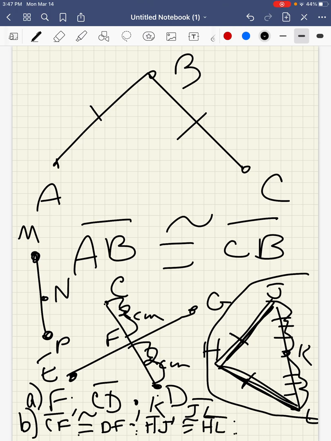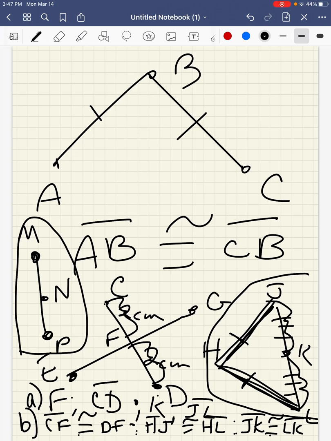And finally, JK is congruent to LK. All right, so that's all the congruent segments there. Now, going back to this, remember we can't make any statement about a midpoint or congruent segments because there's nothing there to indicate it. Even though it looks like that could be the case, there's nothing there to indicate it.